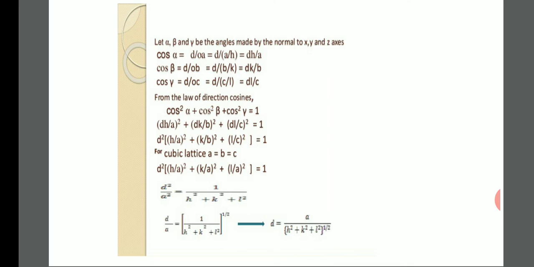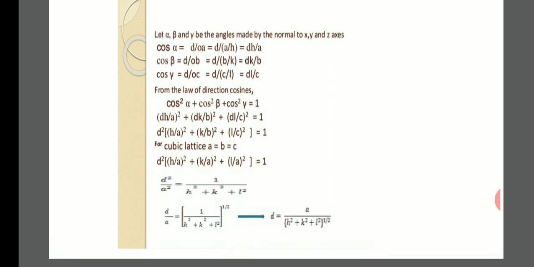So (dh by a) whole square plus (dk by b) whole square plus (dl by c) whole square equals 1. Taking the common d square: d square times [(h by a) whole square plus (k by b) whole square plus (l by c) whole square] equals 1.